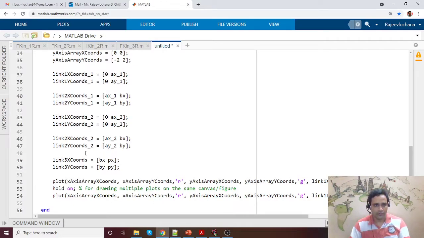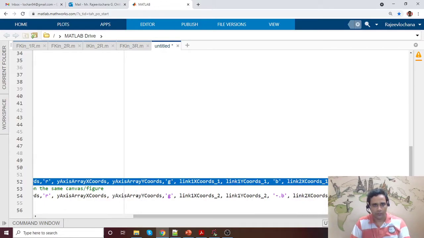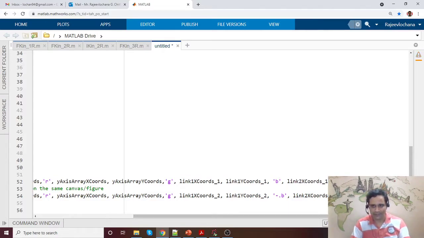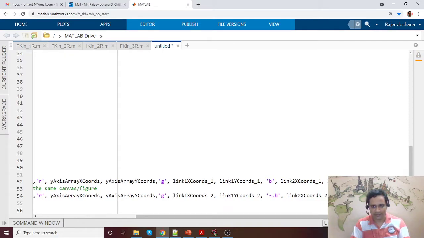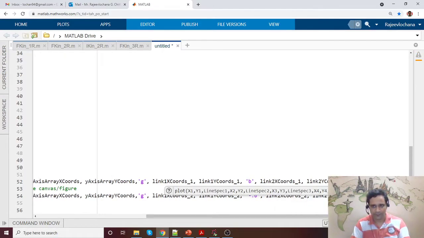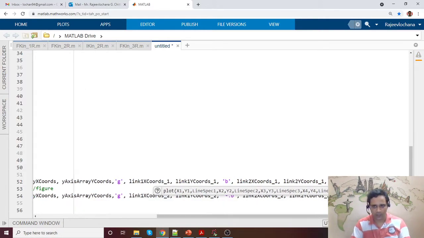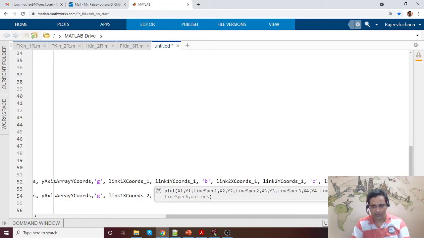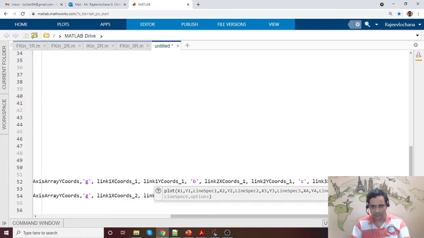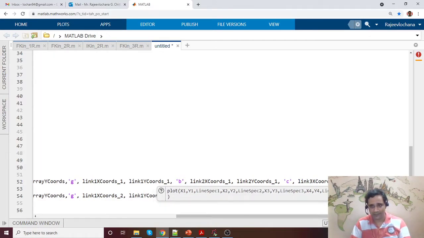Now the first plot will draw one of the solutions. So we have link 1, link 2, and we'll use the link 3 terms also. Link 3 x coordinates and link 3 y coordinates, and the color we had used yellow, so y stands for yellow.